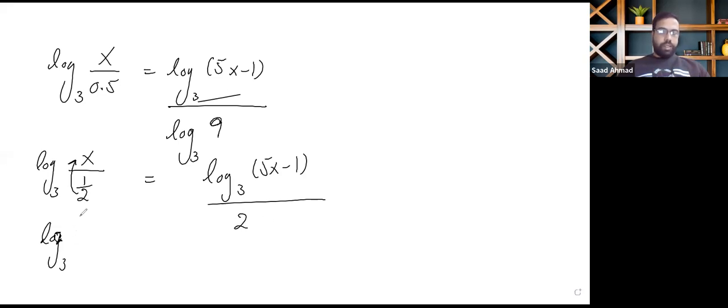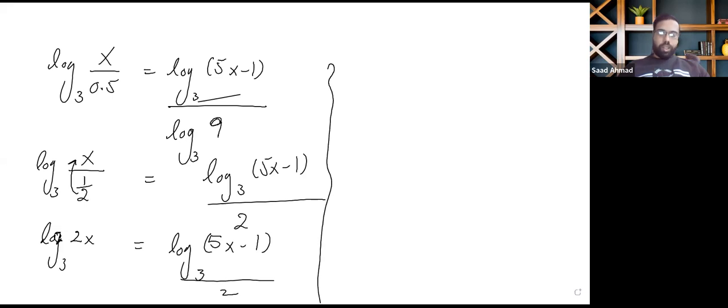So log 3 x, this 2 will go up in the fraction. So it will be 2x equals to log 3 and then 5x minus 1 over 2. Oh, sorry, this 2 is over the whole thing. Then we cross multiply this 2 on the other side here.